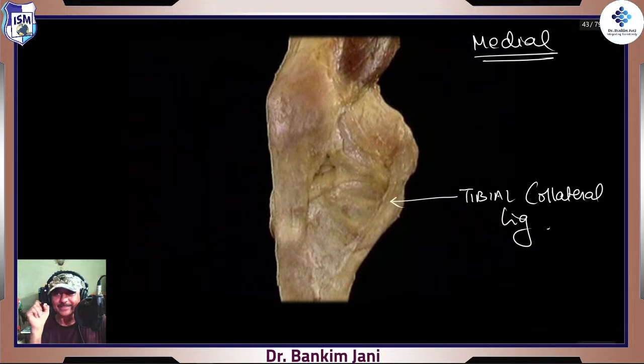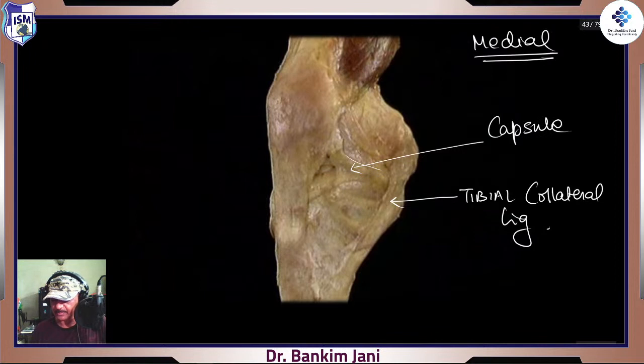This is the joint, right? So there is all this, if you see, this is the capsule. That's all the capsule surrounding it, and it is continuous with the tibial collateral ligament. In fact, we have already talked about it.